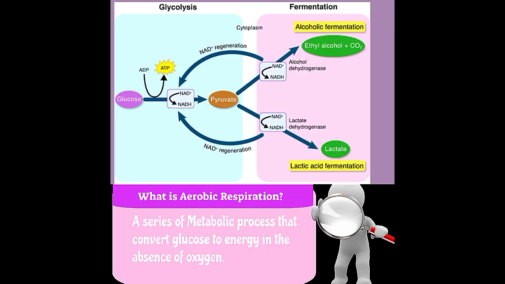Anaerobic respiration is a series of metabolic processes that convert glucose to chemical energy in the absence of oxygen. That is, it does not require oxygen for oxidation of food. This type takes place in the cytoplasm and it results in a minimal amount of energy.